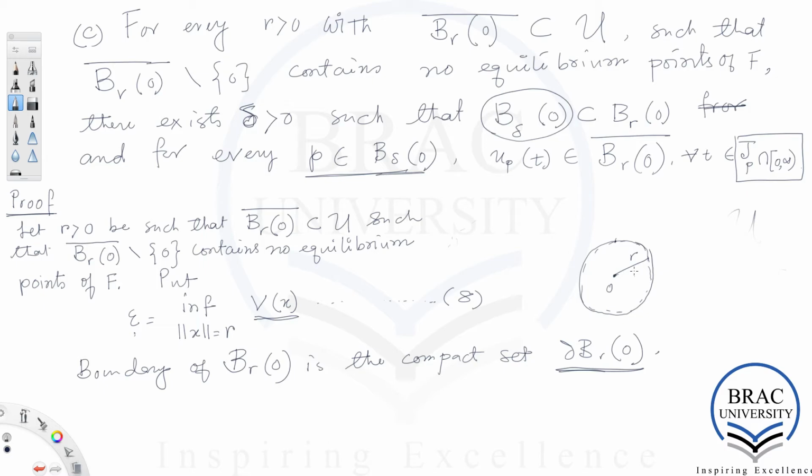Now since V of x is strictly positive for all x in the open set minus the origin, this is how V was defined. Also, V is continuous, and also the boundary of the ball is compact.